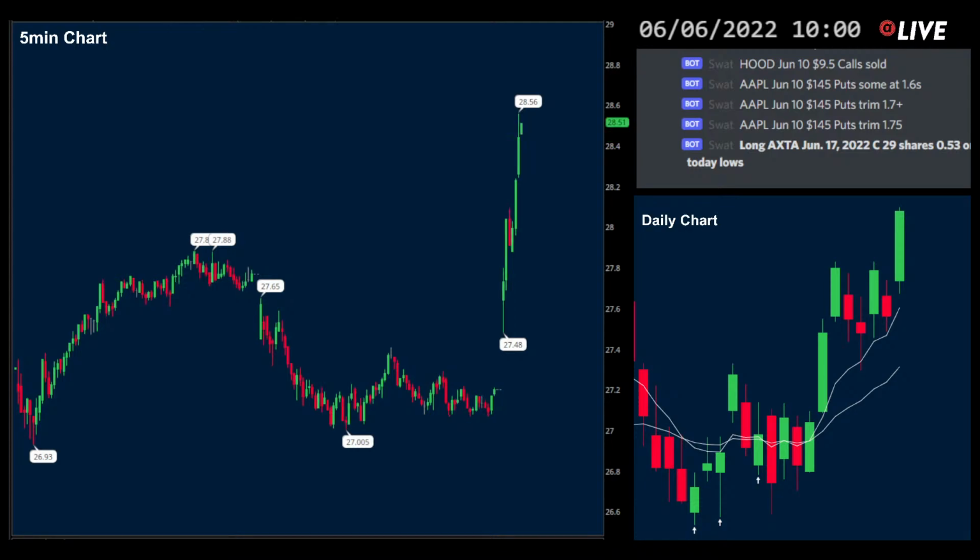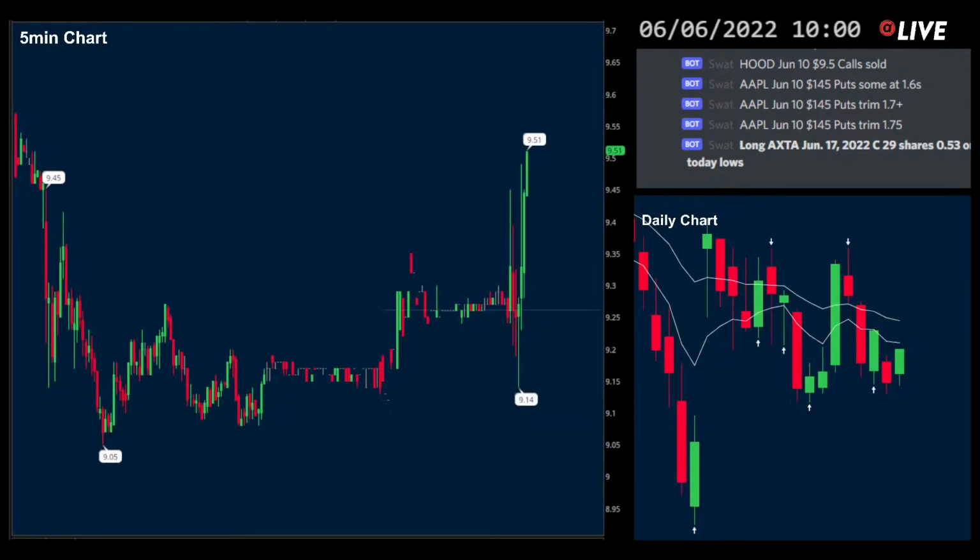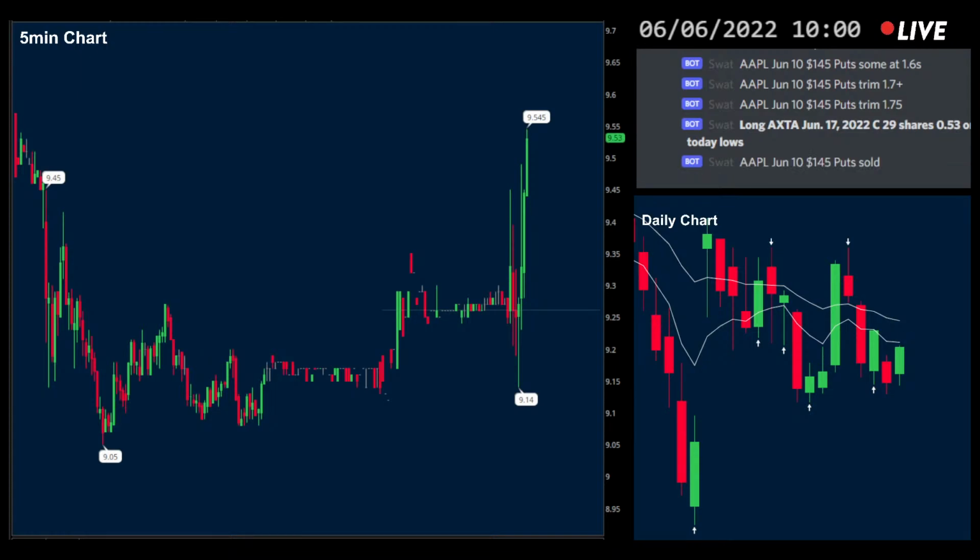Some bull flow on AXTA, guys. Wood going, guys. Wood going after our calls. Sold Apple.